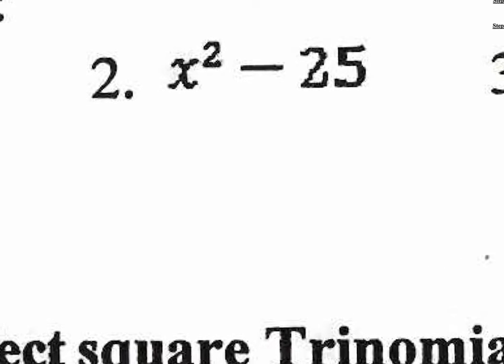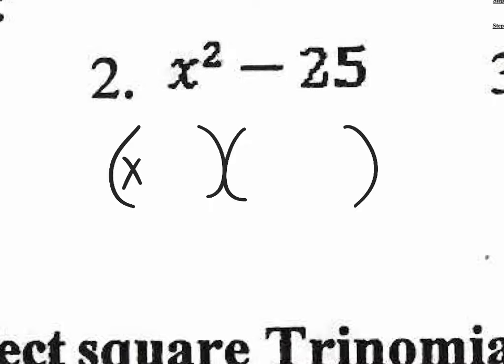Let's try this one. Now on this one, what times what is the c value that if you combine together is the b value? What is the b value on number 2? Is there a middle term? No. So that means that the middle term is 0. All right? So right here we're actually thinking what times what is negative 25 that if I combine together I get the middle term.